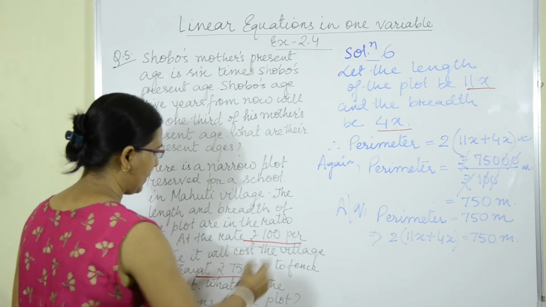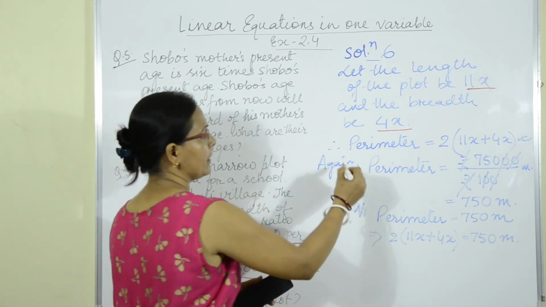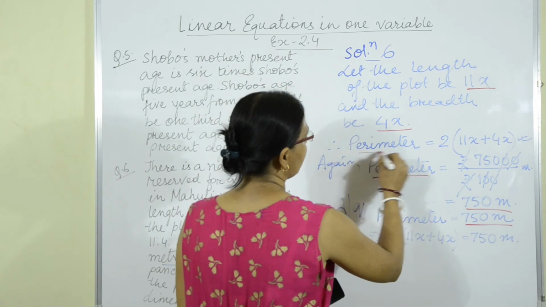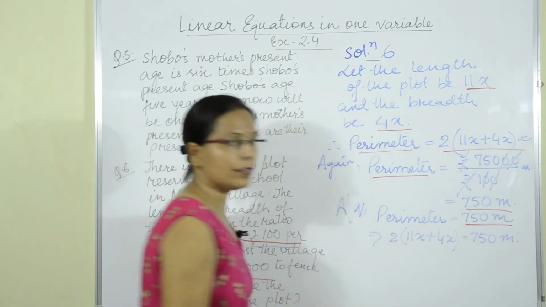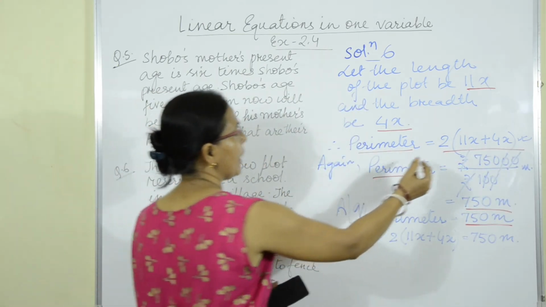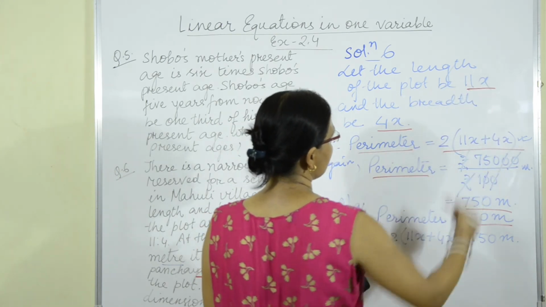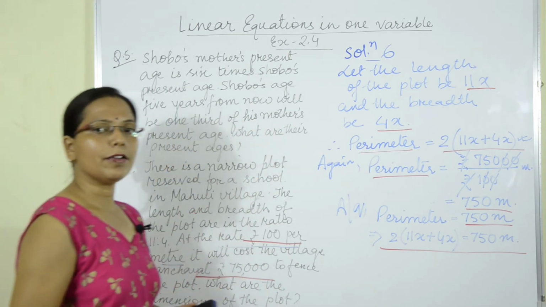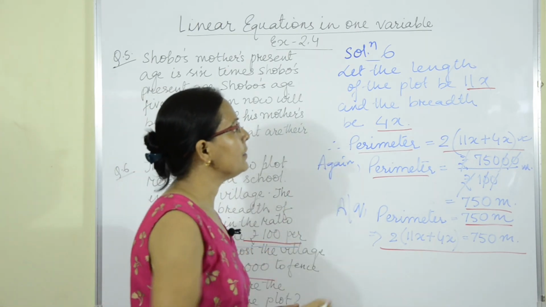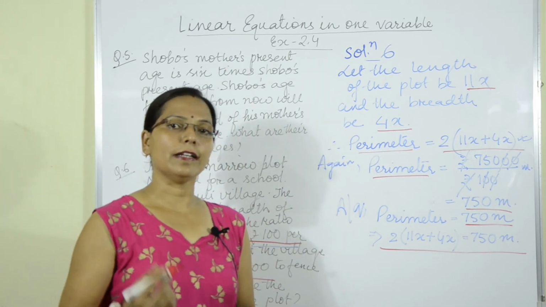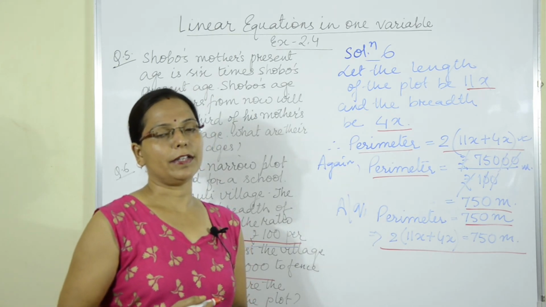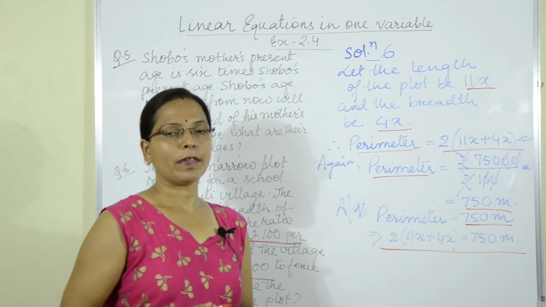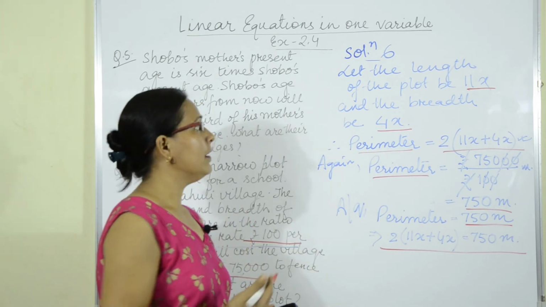So, I have taken the perimeter in this way to get 750 and then also we know the perimeter formula is 2 into L plus B. So, 2 into 11x plus 4x. Then we are framing the equation as such and now you will solve for x and put the values in 11x and 4x to get length and breadth respectively. So, that solution part is to be done by you. Okay. So, next we will proceed to the next question.